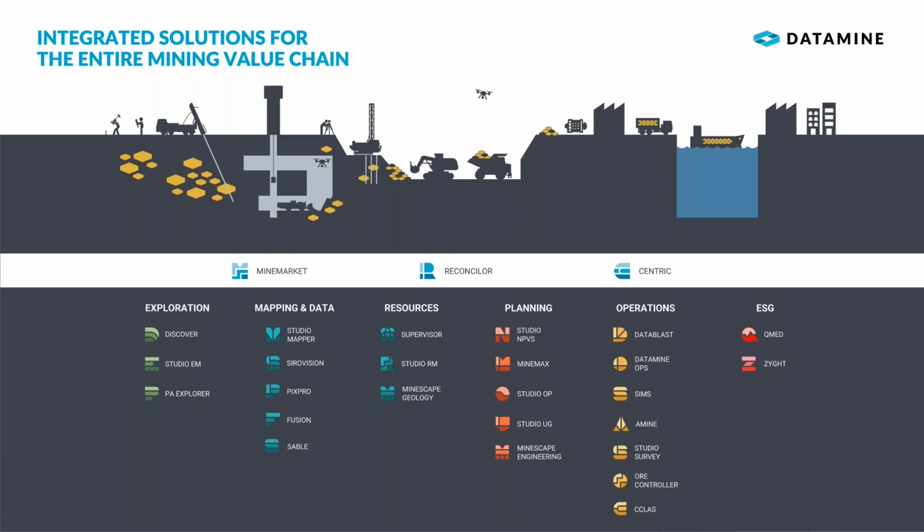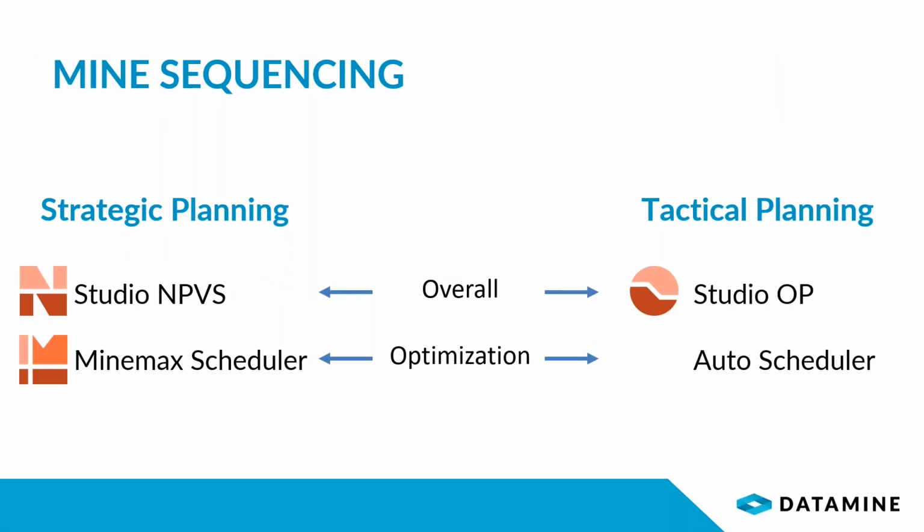So that's a little bit of contextualization, and I would like to point out the difference inside the mine planning suite. So focusing on the mine planning suite, we can split our solutions into two levels of planning, as I like to call them.